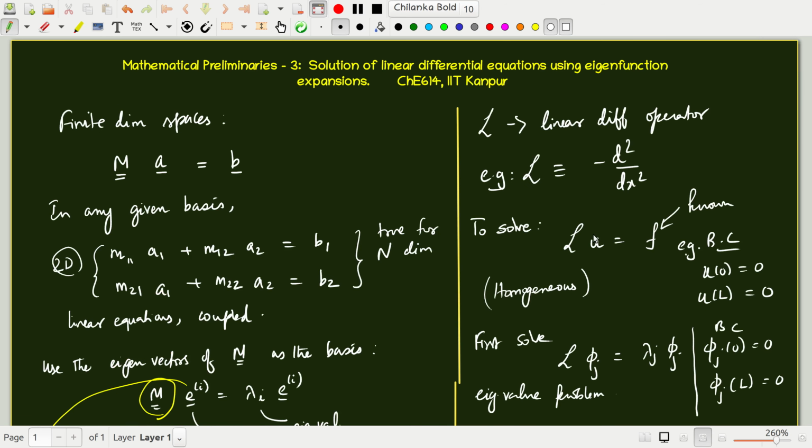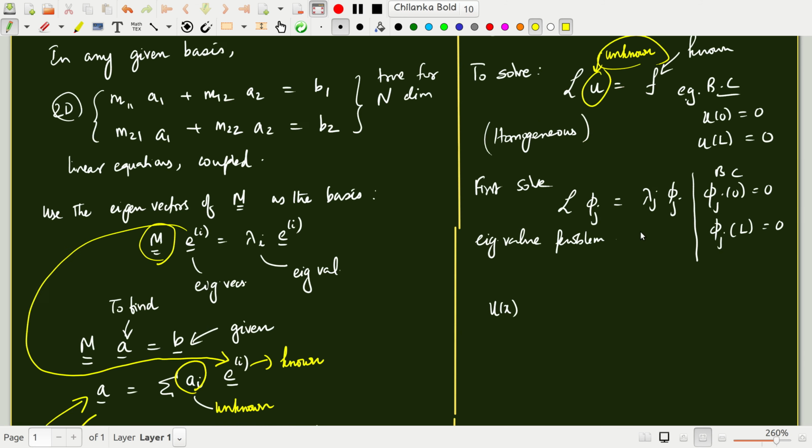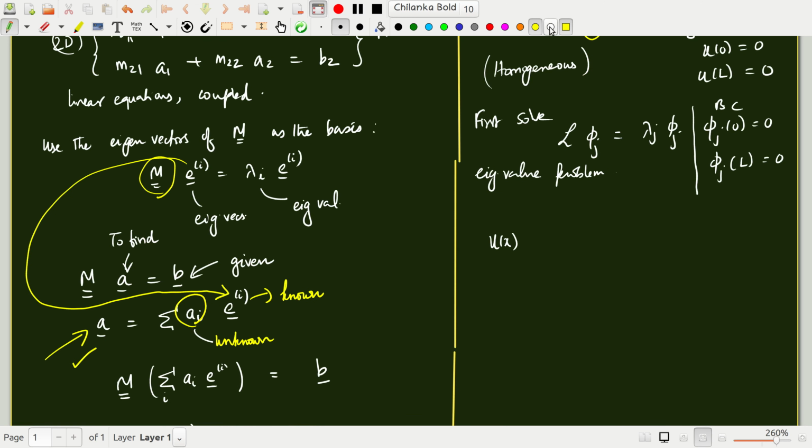When I say to solve, you should understand that this is a differential equation that needs to be solved for u, right? The unknown function u of x can be expanded as coefficients ui times phi i of x. These phi i are known because we have solved for them from here, and the ui are unknown.